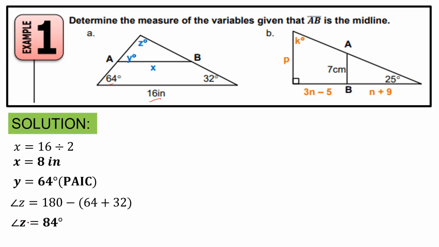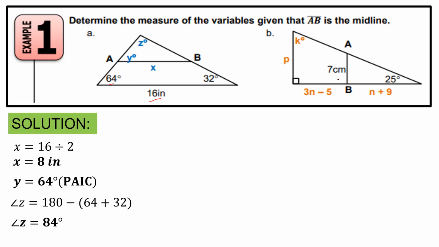Okay. And for the next one, let's have letter B. As you can see, the midline is also segment AB. And we need to find the measurement of the third side given that the measurement of the midline is 7 centimeters.